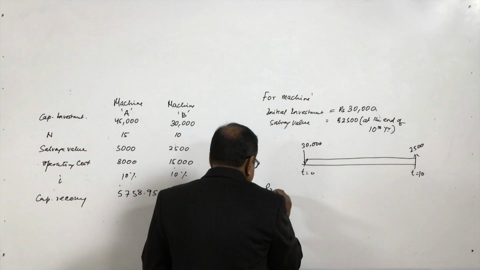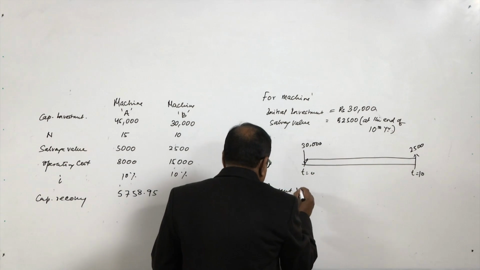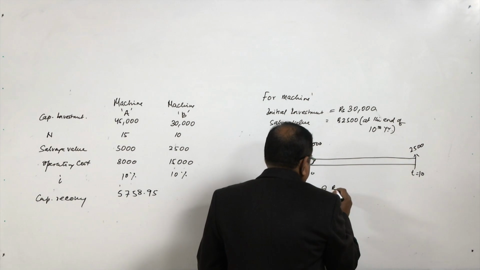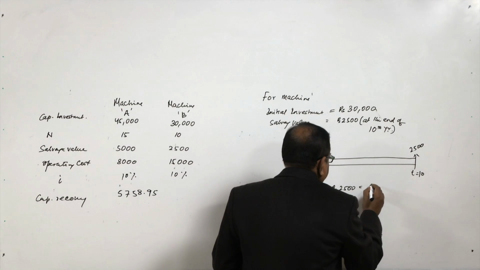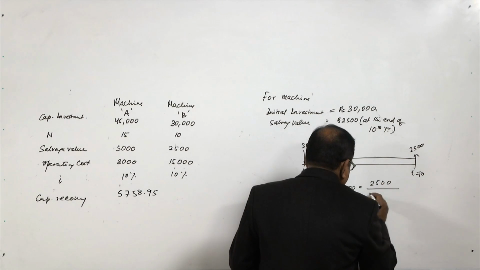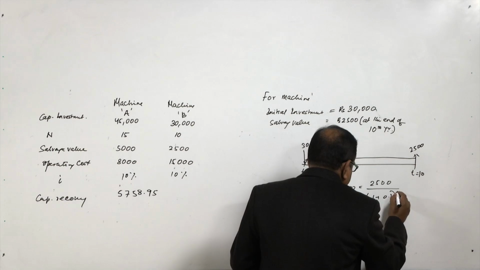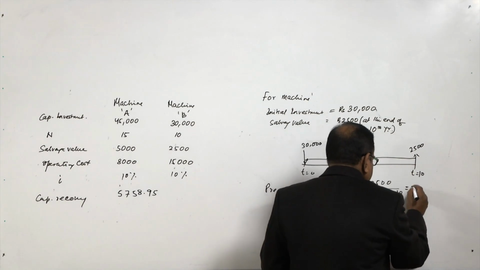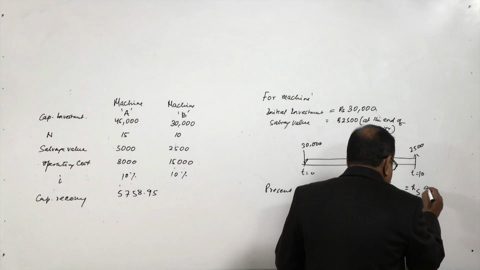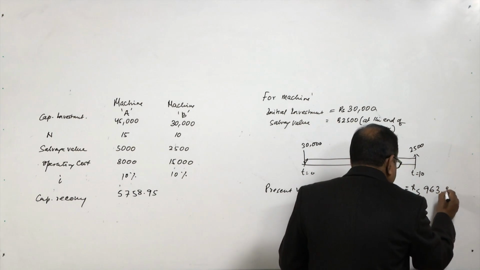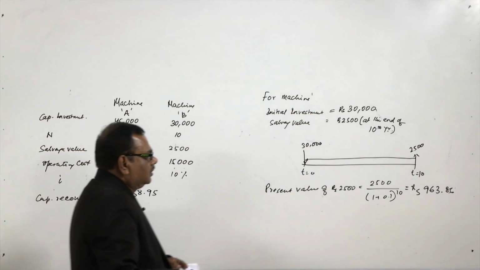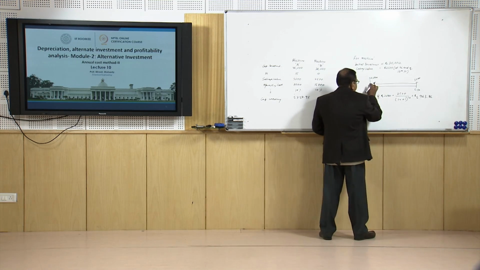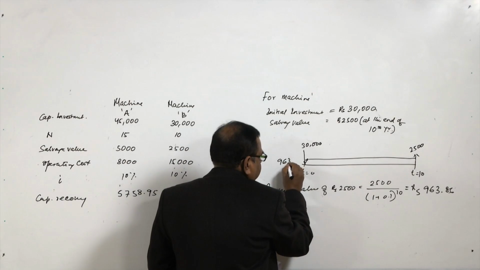The present value of rupees 2,500 is equal to 2,500 divided by 1 plus 0.1 to the power 10, and this comes out to be rupees 963.86. So, when I bring it from here to here, this becomes 963.86.